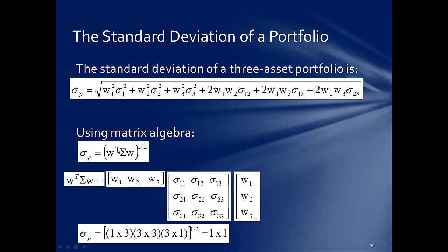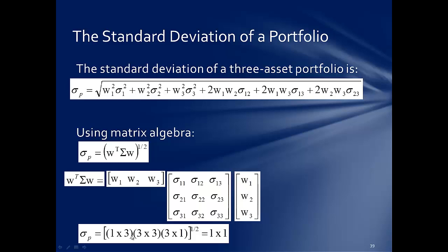W transpose sigma W, and we take that to the 1/2. Because if you think about it, here's W transpose, here's our sigma matrix, and here's our W vector. That's 1 by 3, 3 by 3, 3 by 1.